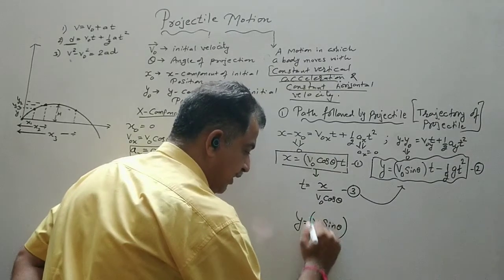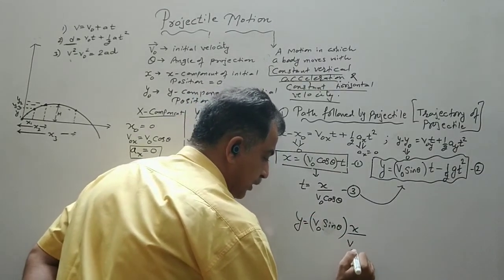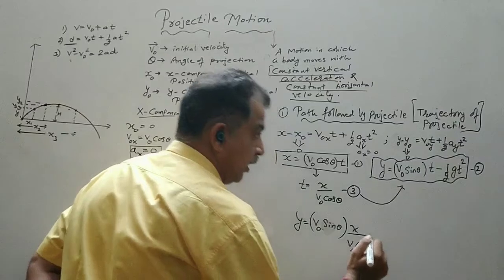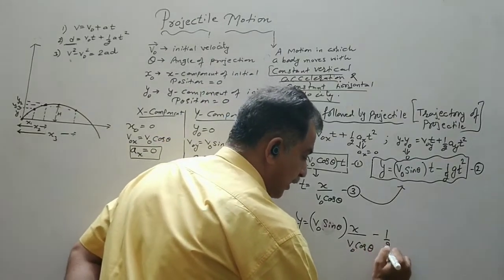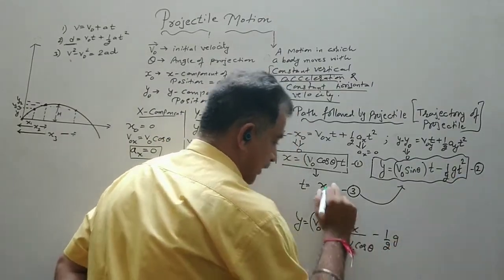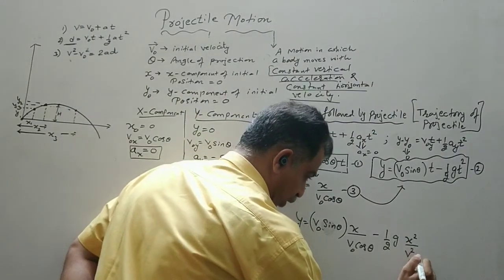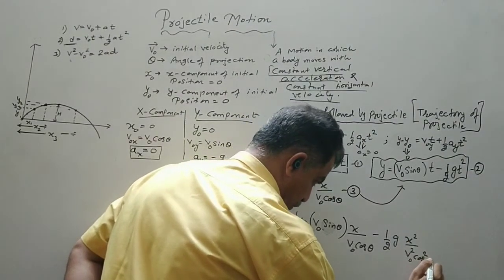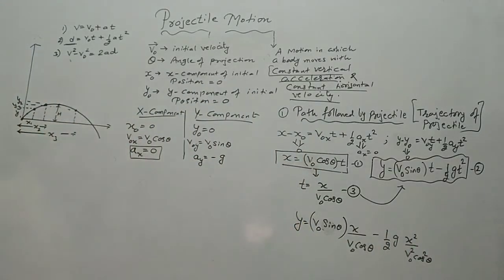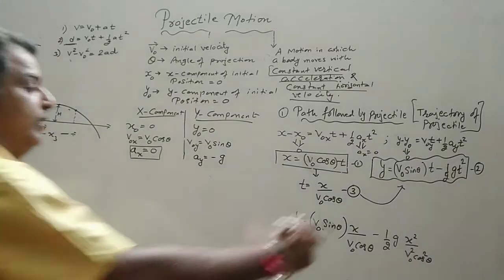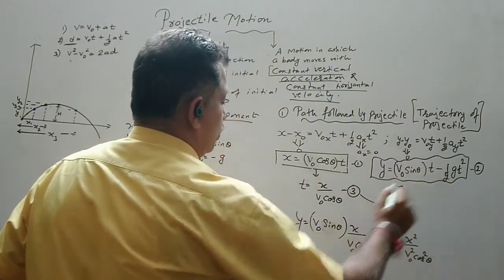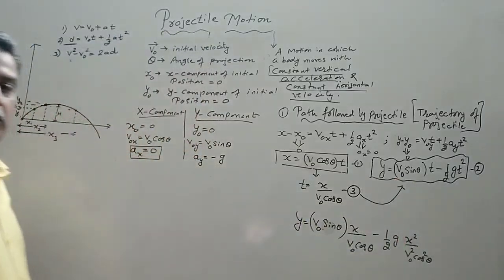In the place of t we have x upon v naught cos theta minus half g t square. T square means x square upon v naught square cos square theta. So we have eliminated the time t from this equation 2 by substituting equation number 3.